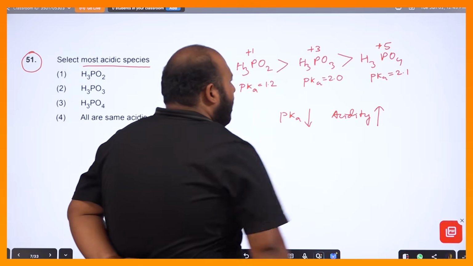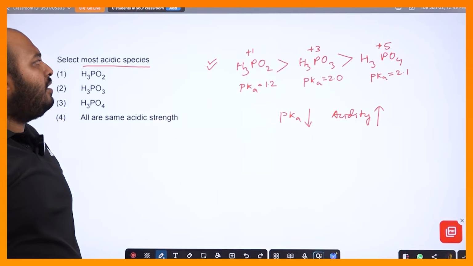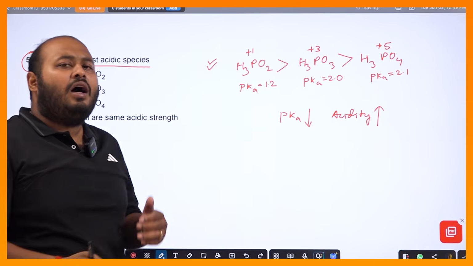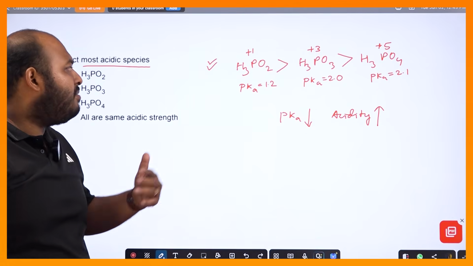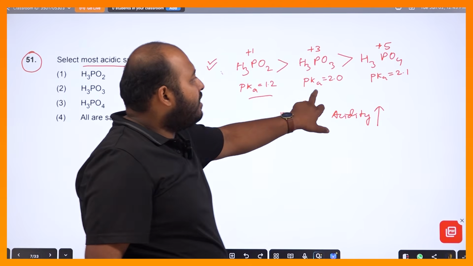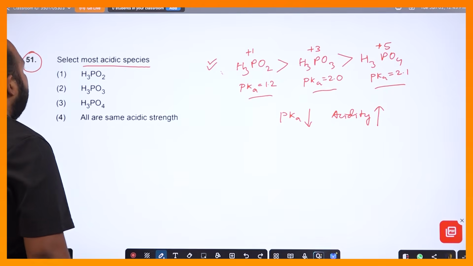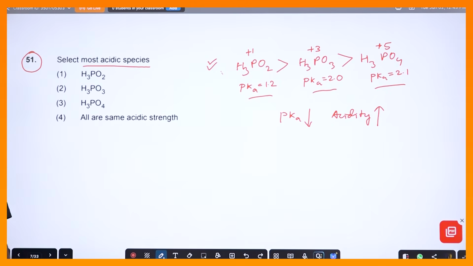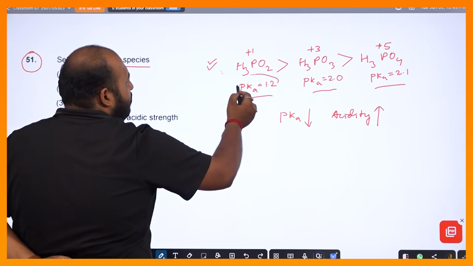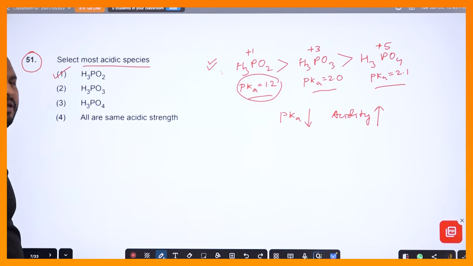This is actually a counterintuitive thing. The trend of higher oxidation state, higher acidity is not followed in this particular case. So you have to go through the pKa values to remember this part. The most acidic one will be the one having the lowest pKa among these three. So the correct option will be option number 1.